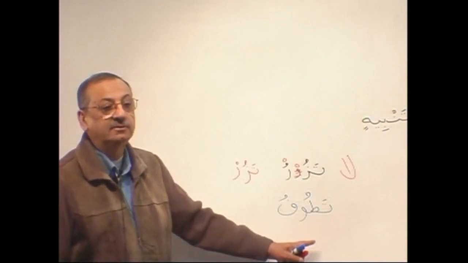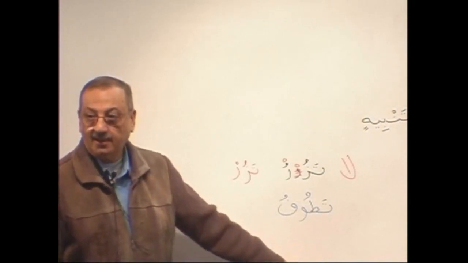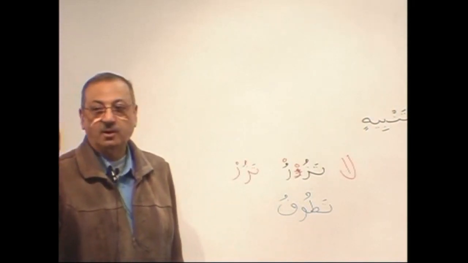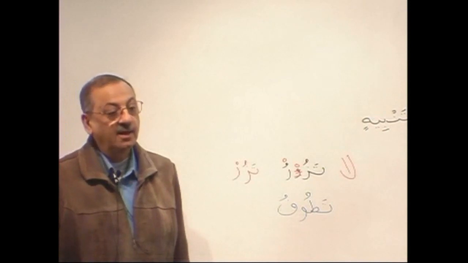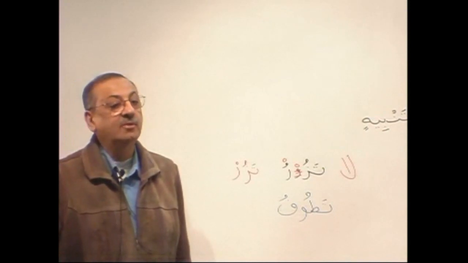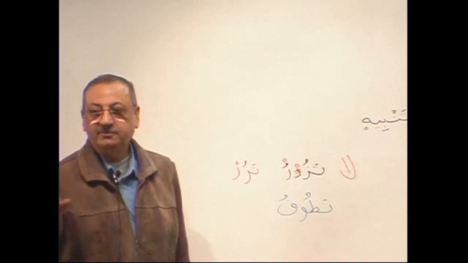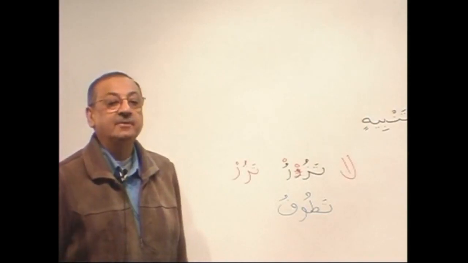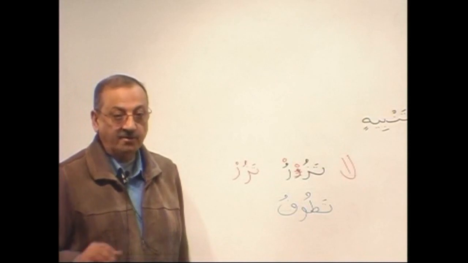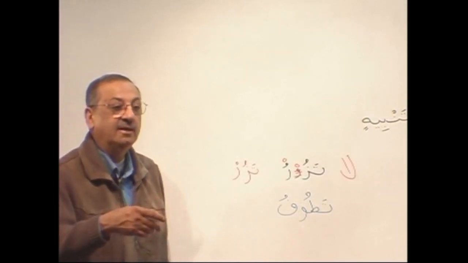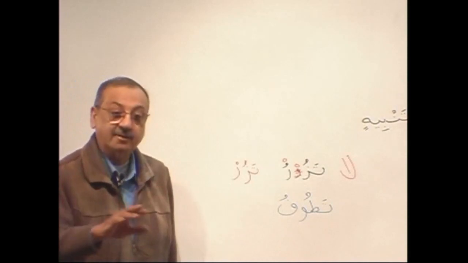Now you know this la nahiya can be used for, careful brother, huwa huma hum, hiya huma hunna, anta antuma antum, anti antuma antunna. Not in ana nahnu. But in all of these, you can use la nahiya. Right now, we are only studying it in mukhatab, second person. In book 3, la nahiya will come in third person.